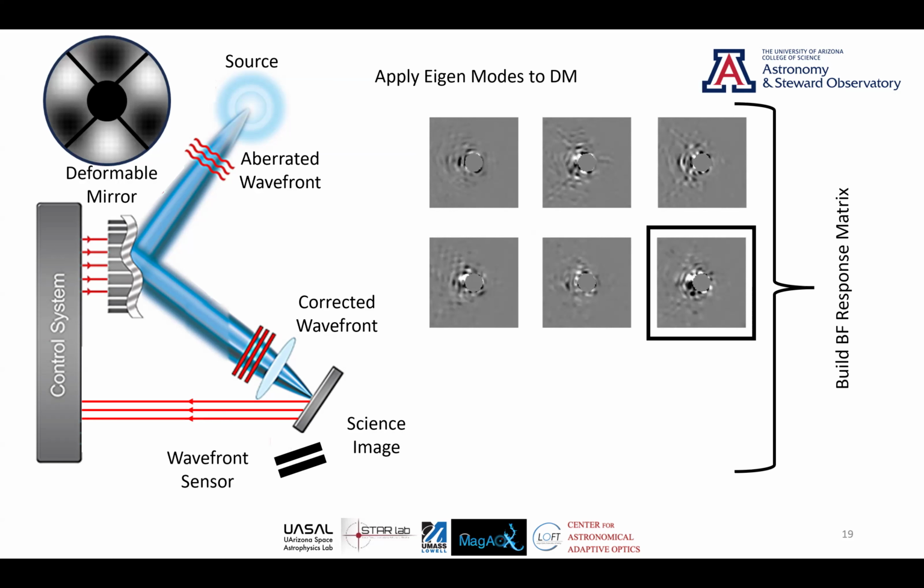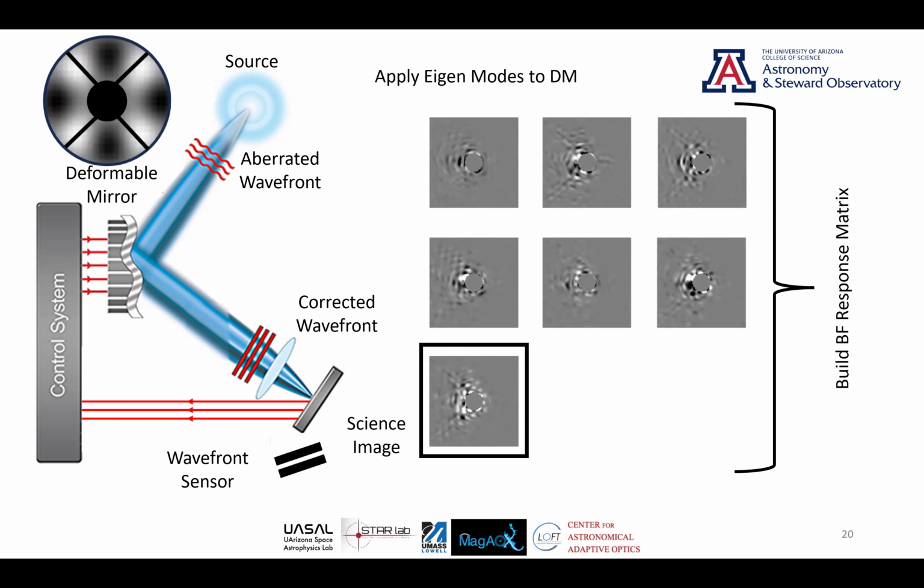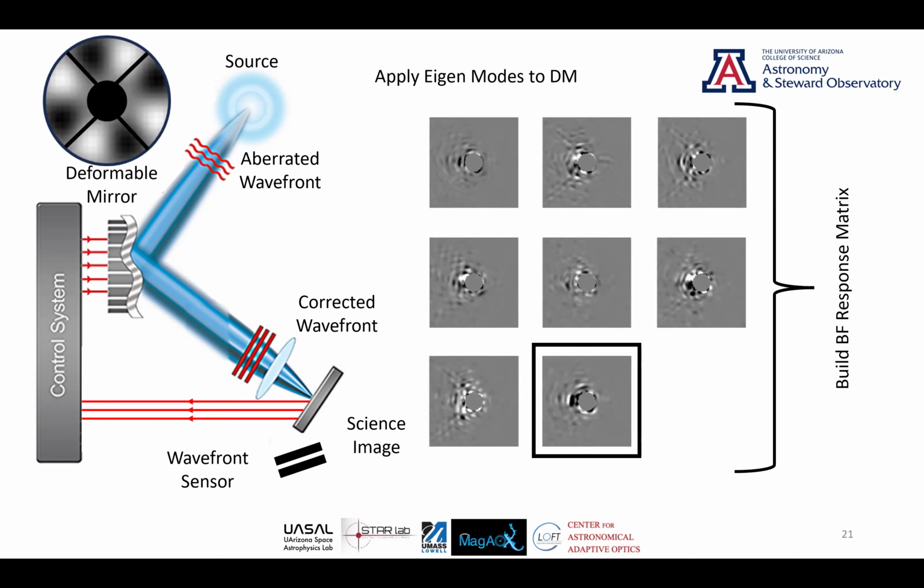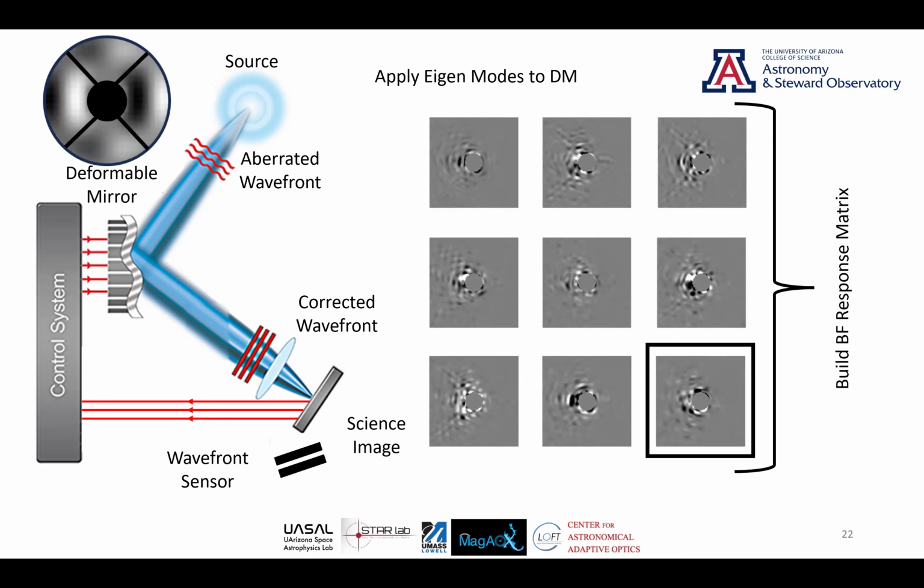What you're seeing here is the difference between the perturbed PSF and a reference image PSF. Like I said, we often didn't use the core because it was so saturated, and you can see that I've blocked the core here. So this is an example of some of the modes that we built.